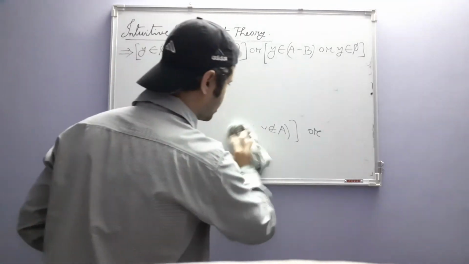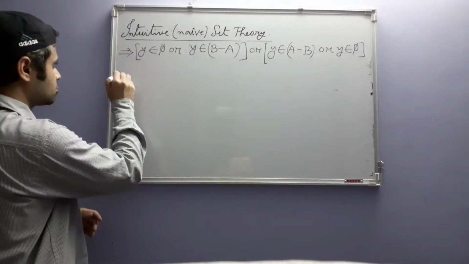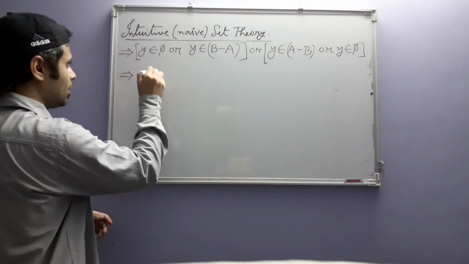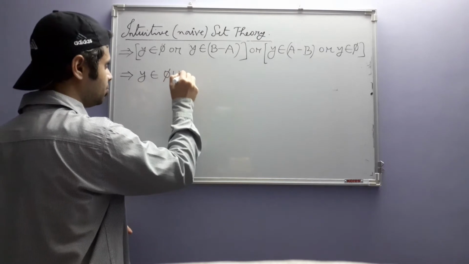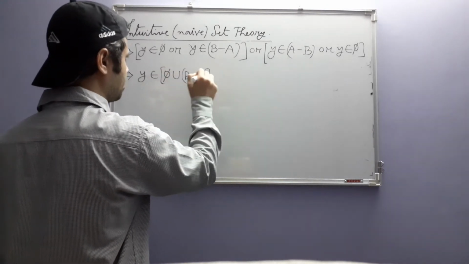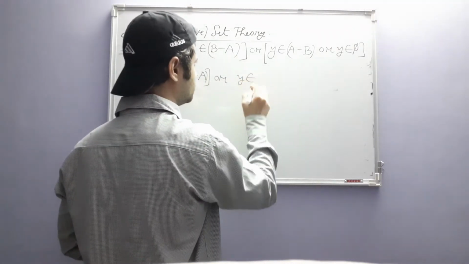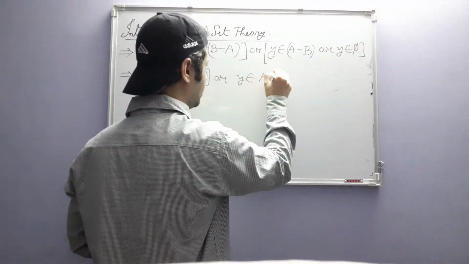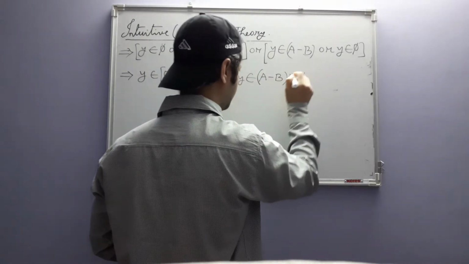Okay, now we have or, so we can write y belongs to empty set union B minus A, or y belongs to A minus B union empty set.